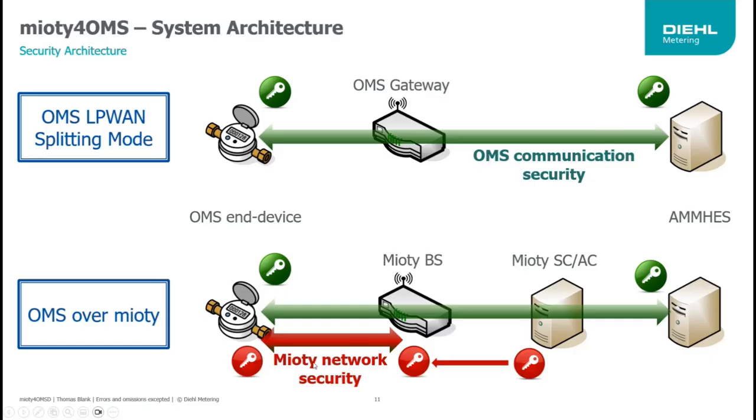But as this network security is ending at latest in the mioty service center, you need additional security on top of that to have this end-to-end security guaranteed. So that's why the OMS communication security, those security profiles, are applied on top of the mioty network security in this approach.